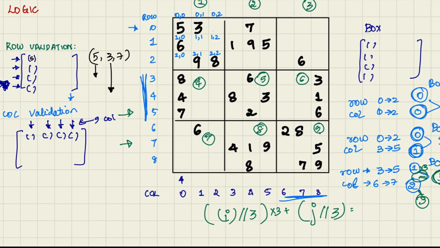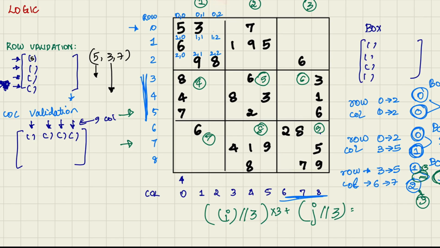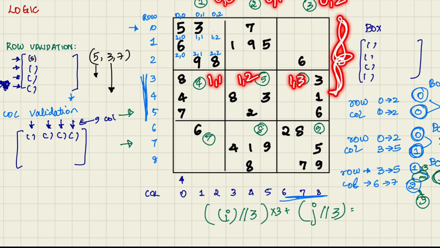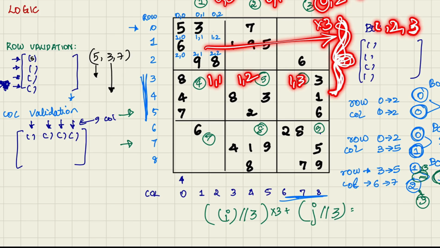So why did I multiply it by 3? Here, let's say we have 0,0; 0,1; 0,2; then 1,1; 1,2; 1,3. To make these unique, I know that if I multiply 0 by 3, I'll get 0, so that when I add them together, I'll get, sorry, 0, 1, and 2.